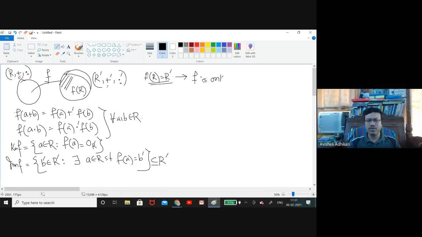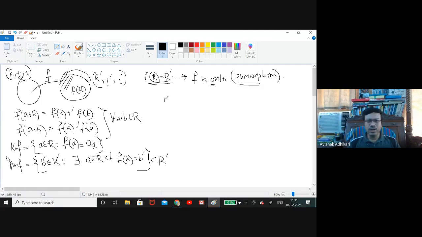Yes, when f is onto as well as a homomorphism, that means when f is an epimorphism, then f of R should be equal to R dashed. So in general, image of f must be a subset of R dashed, and in some cases this image of f may be equal to the whole of R dashed. That will happen only when this is an epimorphism, that means a homomorphism along with f being onto. So that's a very important property.